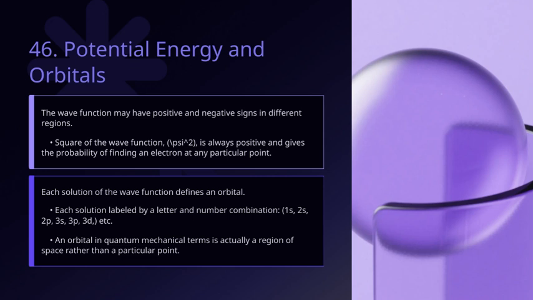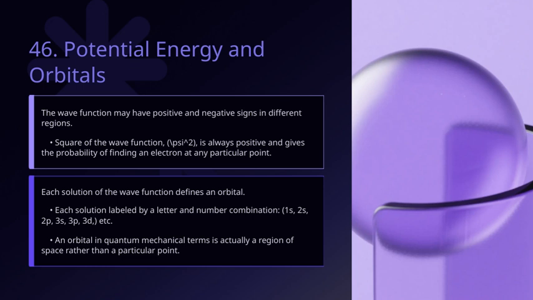Each solution to the wave equation is labeled with a letter and number combination, like 1s, 2s, 2p, 3s, 3p, 3d, and so on. These labels help us identify different types of orbitals, and each solution defines a particular orbital shape and energy level.